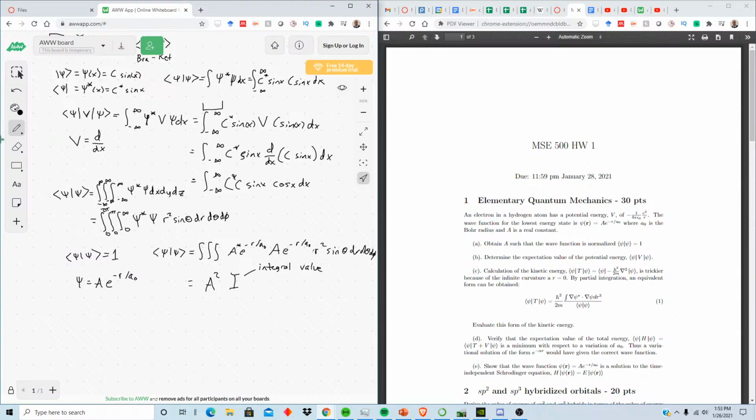And remember, you have to set it equal to 1. And so you basically take a squared is equal to 1 over this integral value I, and you take the square root of it. And you'll get a is equal to the square root of 1 over I. And that's how you basically solve a normalization type problem.